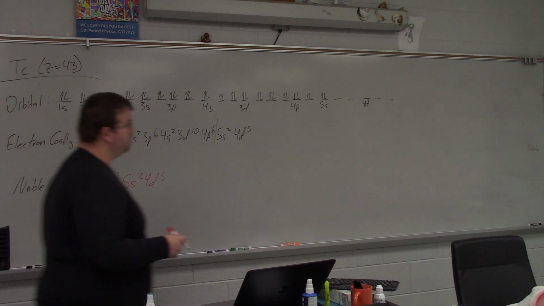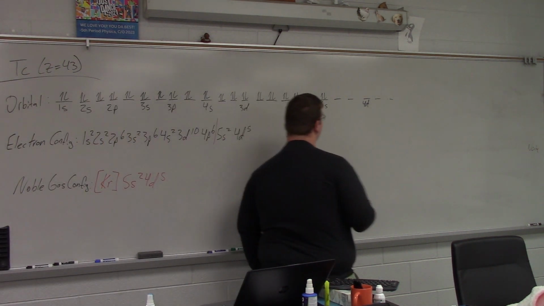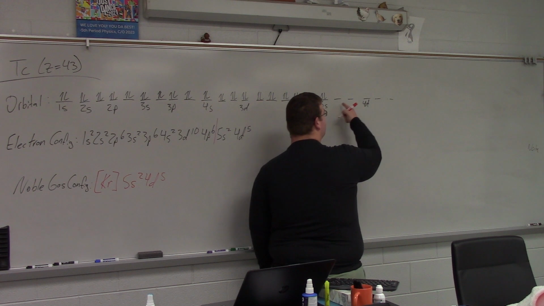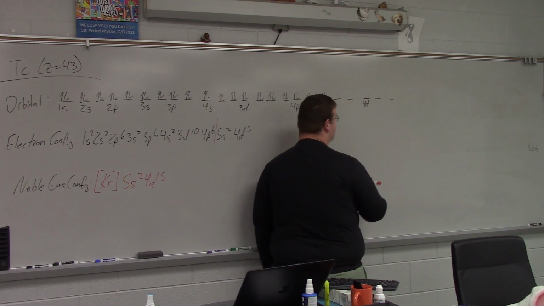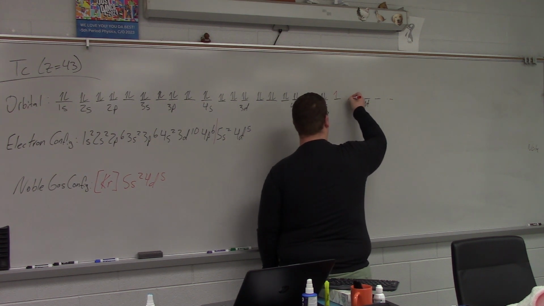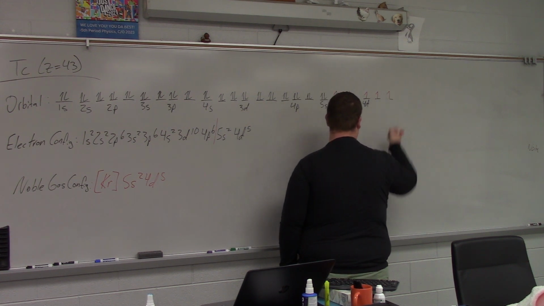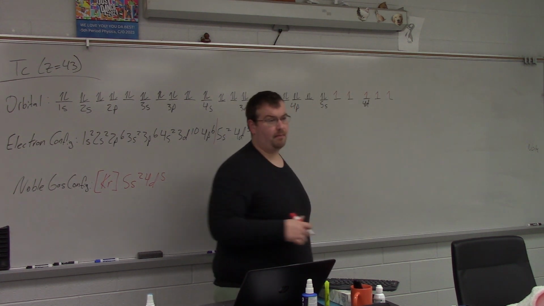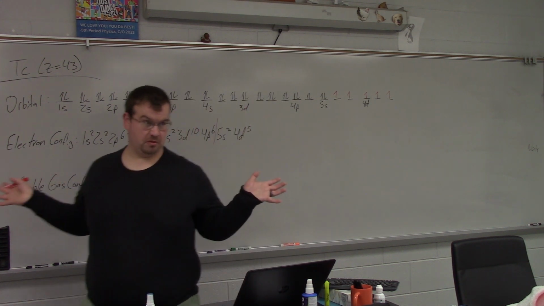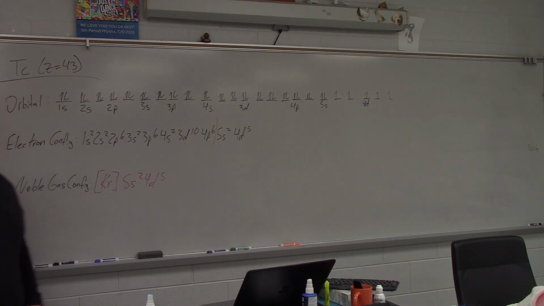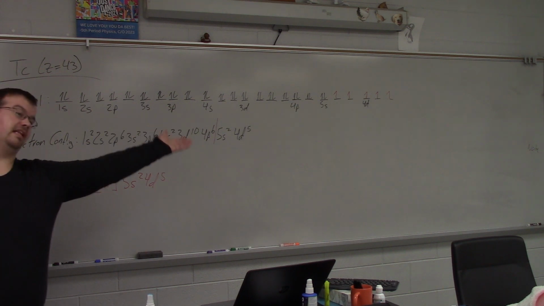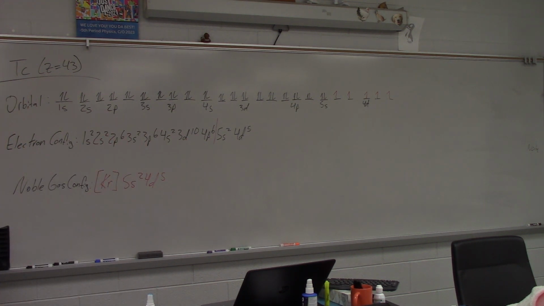So to do that, I go to 4D, and I always give each one an up arrow first. So I do 1, 2, 3, 4, 5. That's it. I'm all out. There's no down arrows now. If I went farther in, then I would come back in and get the down arrows. Makes sense?